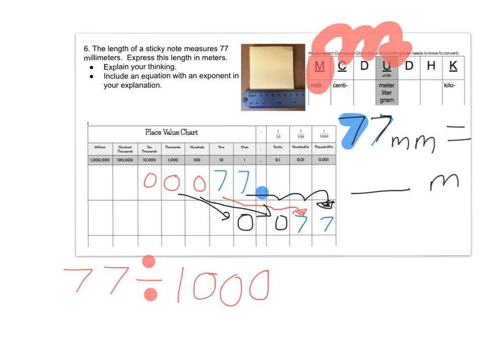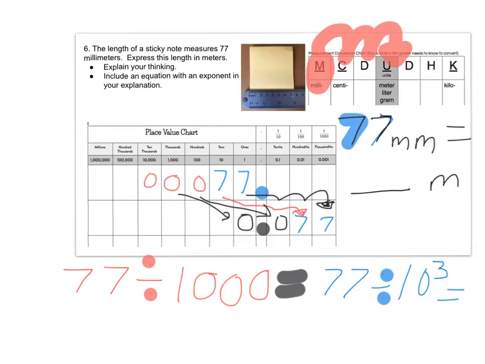We don't have to write all the zeros, we just have to write the placeholders that are there to tell us the correct number. So 77 divided by 1,000, you can also rewrite that as 77 divided by 10 to the power of 3, which will equal 0.077.